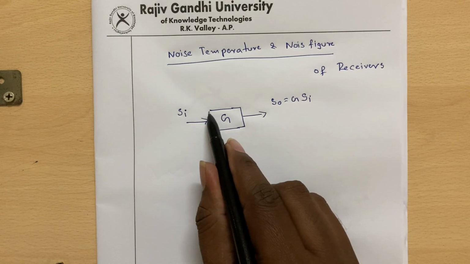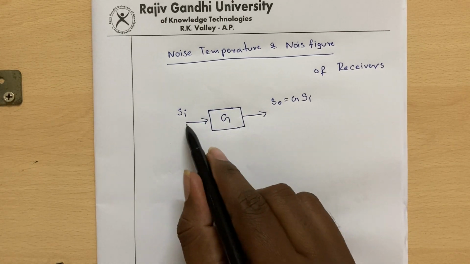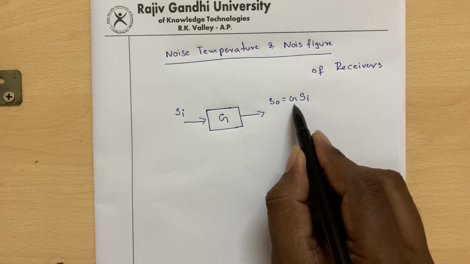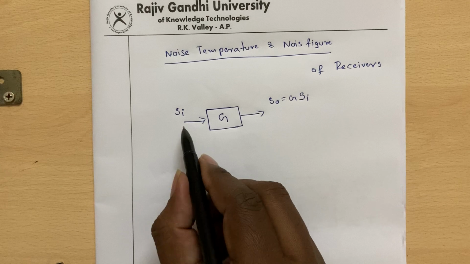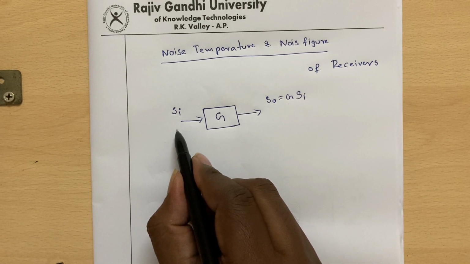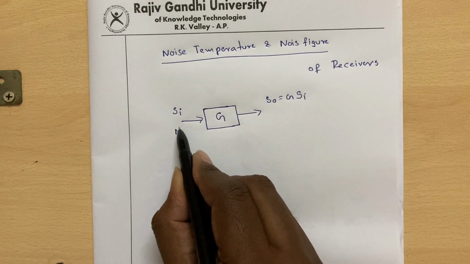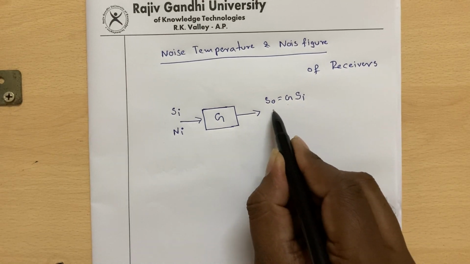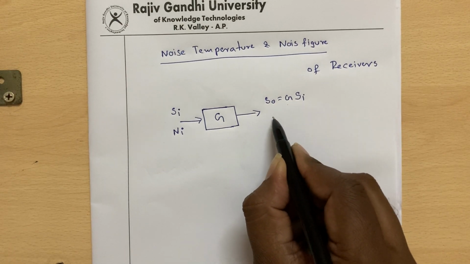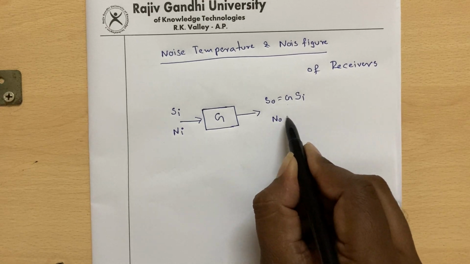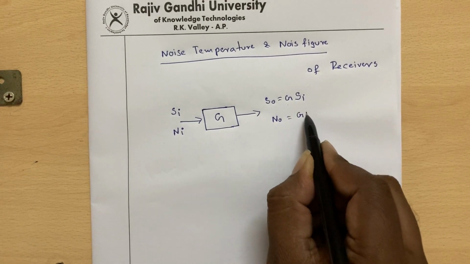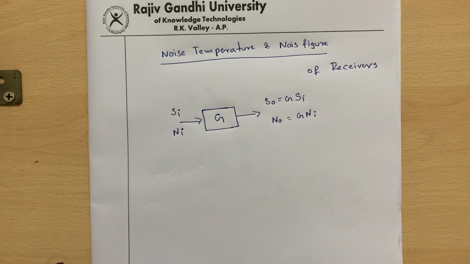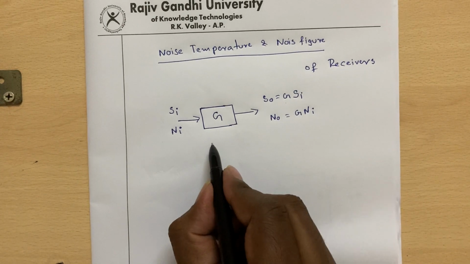The block input is Si and output is G into Si, which means it offers a power gain of G. Similarly, along with the signal there will be noise, thermal noise. If the input noise power is Ni, the output noise power will be G into Ni, if this is a noiseless block.